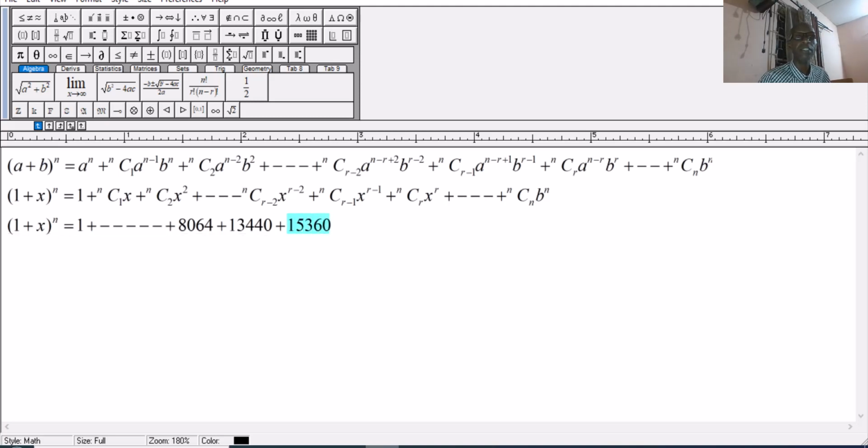So these are the successive terms that we are given, that this binomial expansion fulfills.